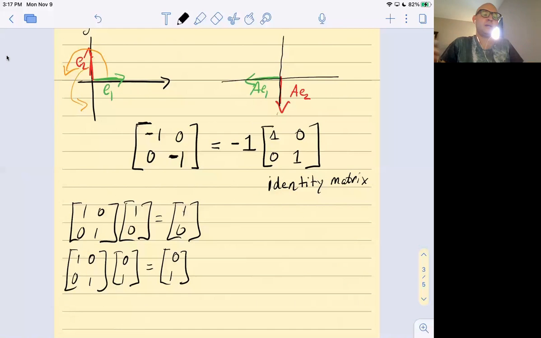Now, what's cool about this matrix is, what does the -1 on the outside represent? That's just a scaling factor. If you ever have a transformation that looks like the identity matrix, but with another number on the outside, you can pull that number out and think of it as multiplying every coordinate of your vector by this number.